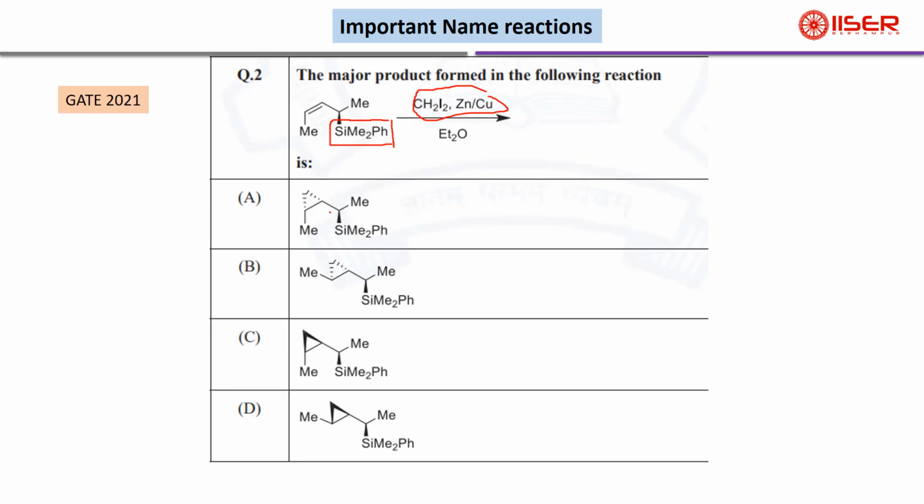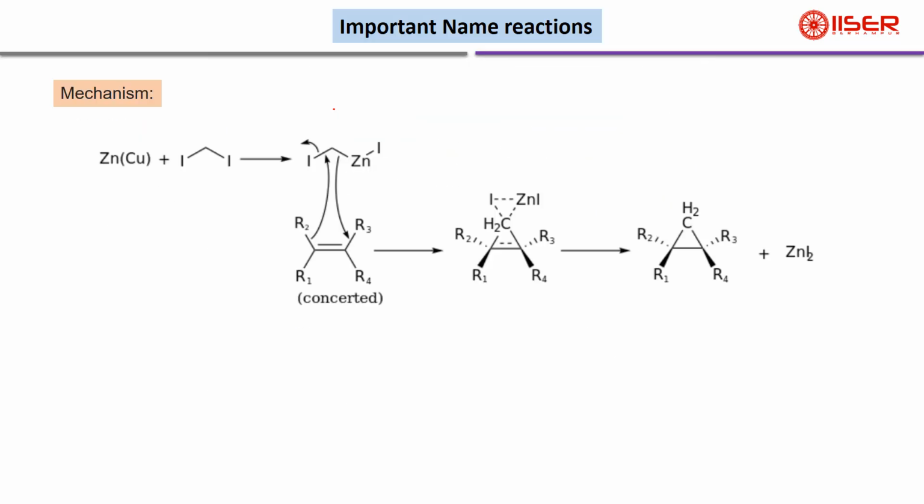So the cyclopropanation will take place below the plane, and during the cyclopropanation, the stereochemistry of this double bond will be retained because this is a stereospecific reaction. As I said, in this case also you have seen it's a stereospecific reaction. Suppose you have this double bond. It is a concerted reaction, so when the reagent is coming from above the plane, it will just react with these two centers.